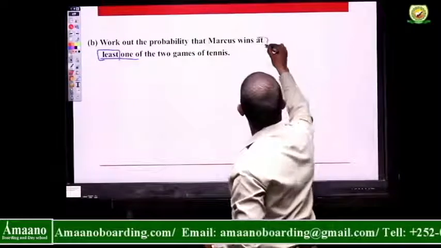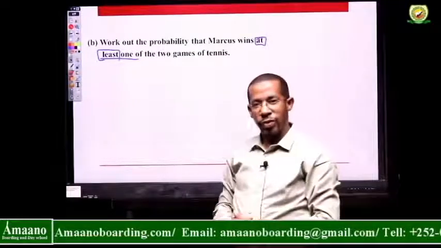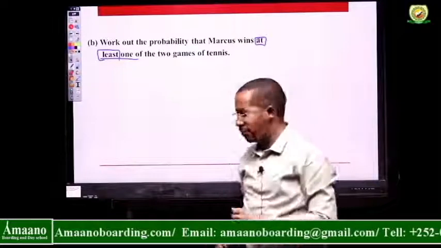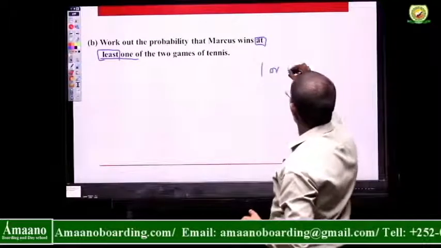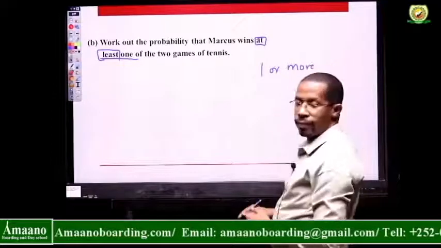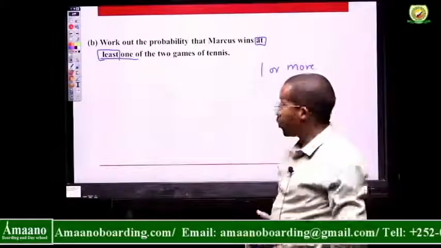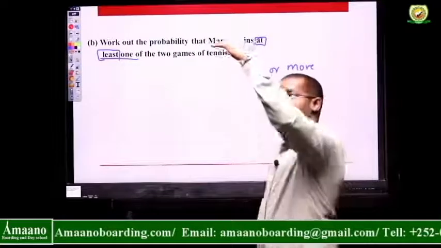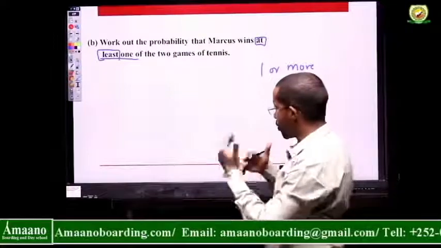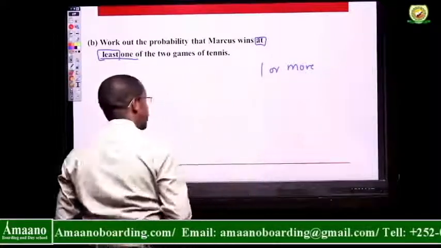At least. So if they say he wins at least 1, it means what? He wins 1 or more. Then you will find some questions that say at most 1. That means 1 or less. So don't confuse those words.